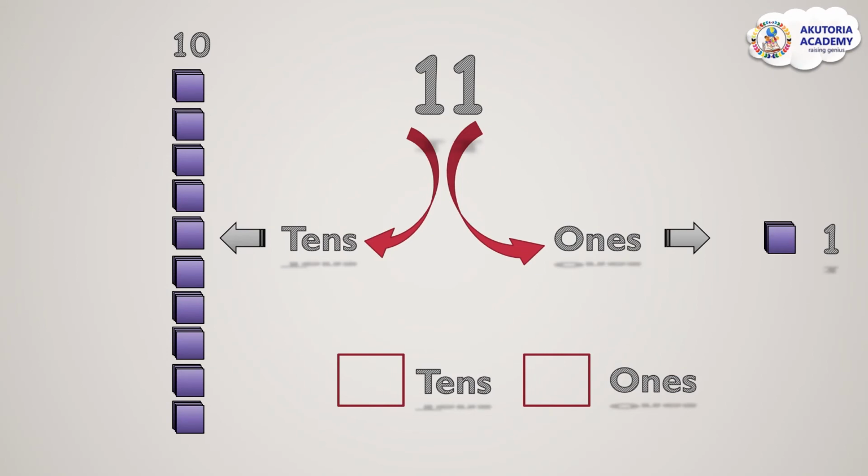So 10 plus 1 equals 11. That means 11 has 1 ten and 1 one. That is, for the 1 ten we skip counted in tens once, and then we skip counted in 1 once. Therefore, the value of 11 is based on the 1 ten and 1 one.